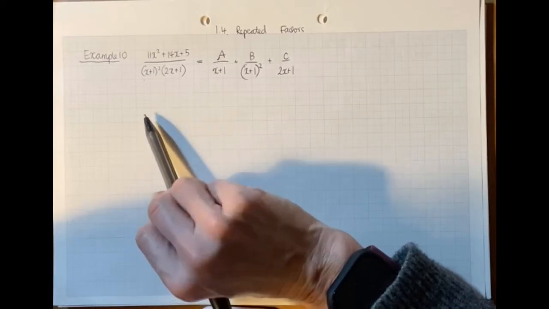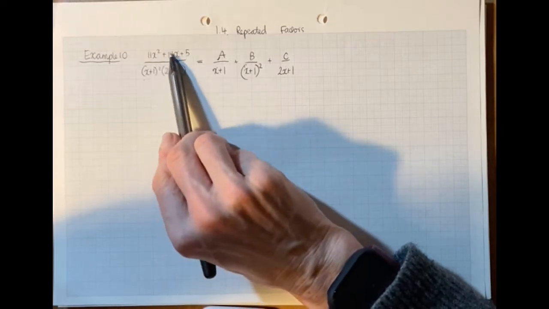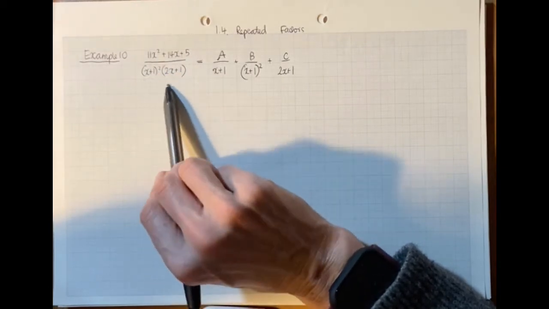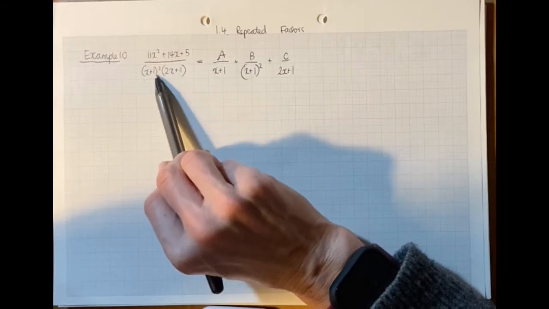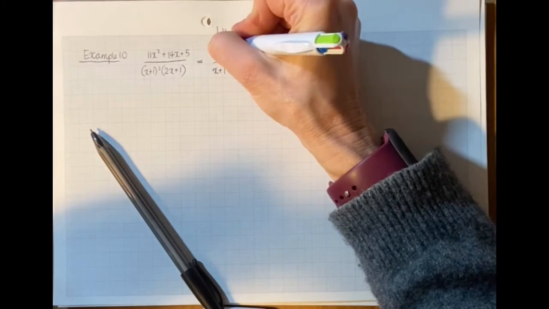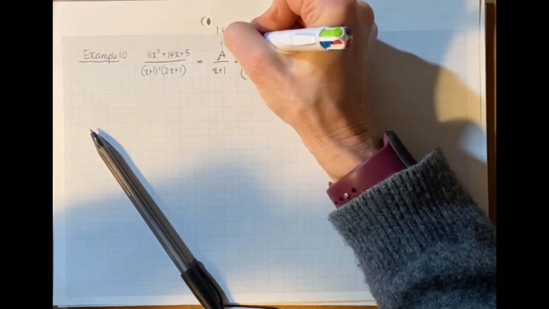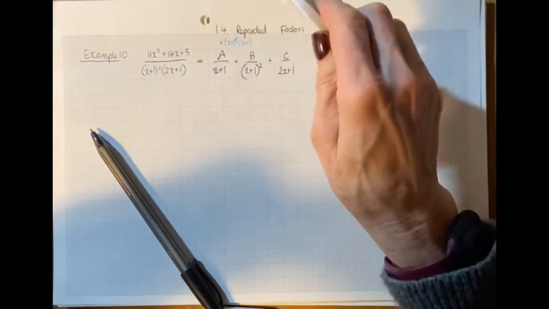So the next step is exactly the same as in the examples before. Need to find the equivalent to the numerator, either through multiplying the right hand side by the factors here. I'll just write it down here. We are multiplying by x plus 1 squared and then 2x plus 1. You could see that from the first one, the x plus 1 is common, that will go.